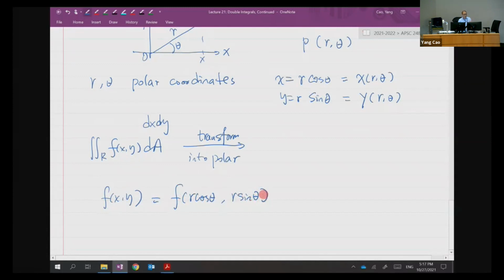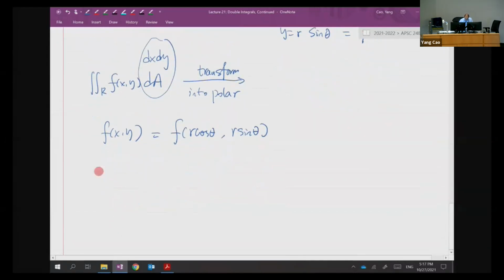Whatever the function is, you find the x, replace it with r cosine, find the y, replace it with r sine. Now the function f has nothing to do with x, y anymore. It's completely in terms of r and theta now. So that's changed. And the second part is this dA here. So how do we transform the dA?